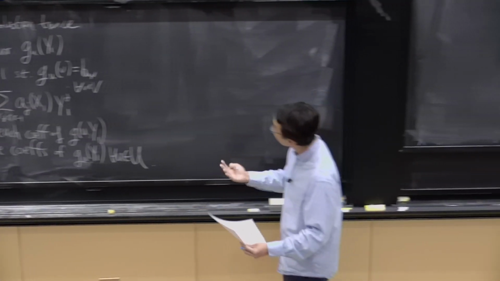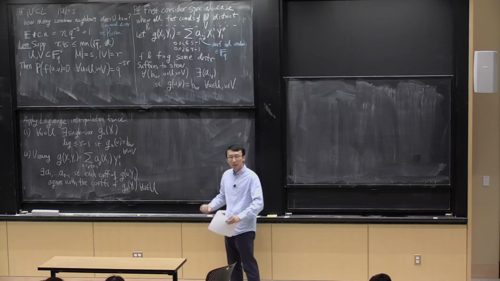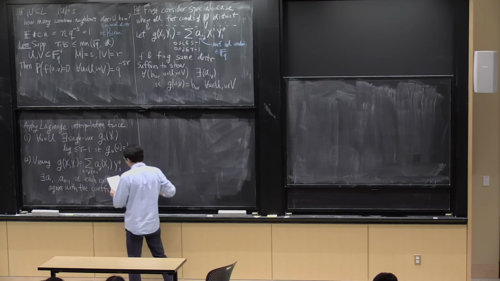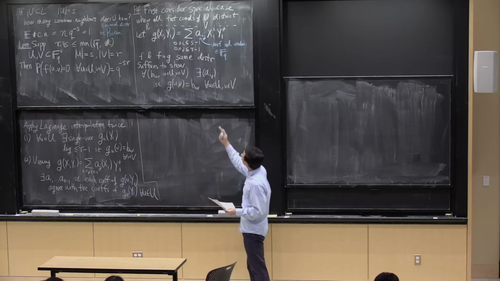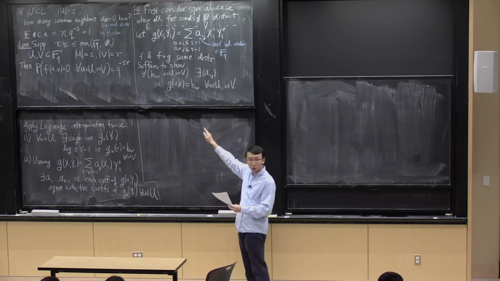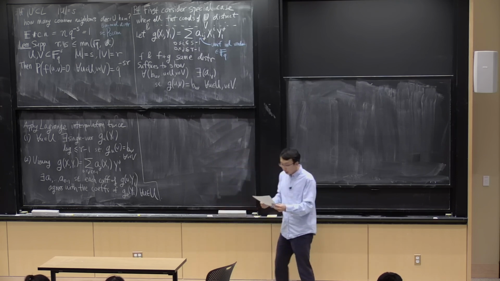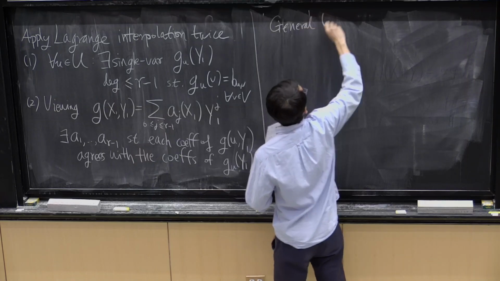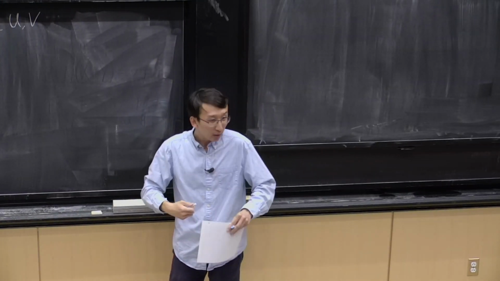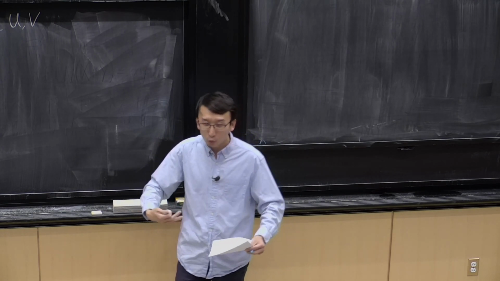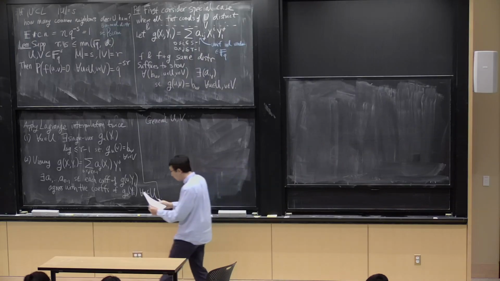If you're confused, just think about it. There's nothing deep here. So that finishes the claim in the case when the first coordinates are all distinct. We use that fact crucially in doing this Lagrange interpolation. Now for general u and v, where we don't have this assumption of having distinct first coordinates, let's make them have distinct first coordinates by considering a random linear transformation, so using a probabilistic method.